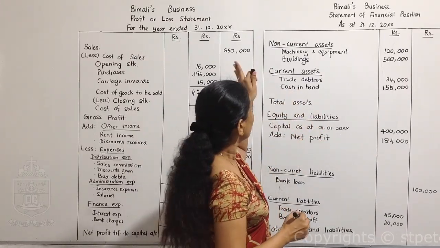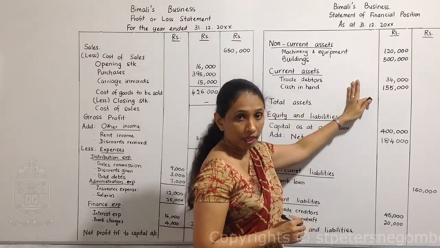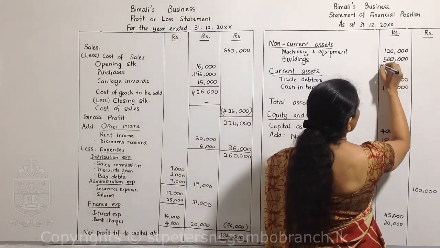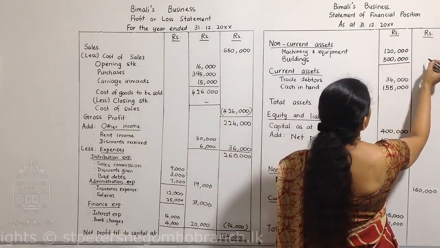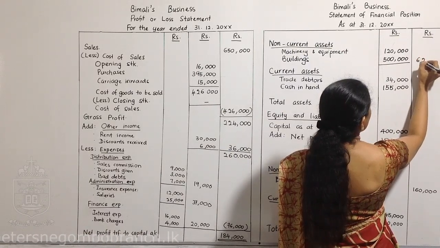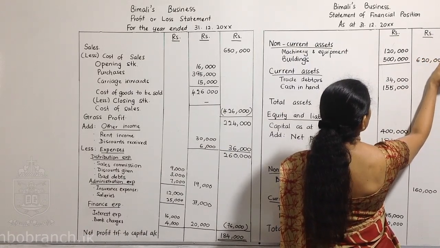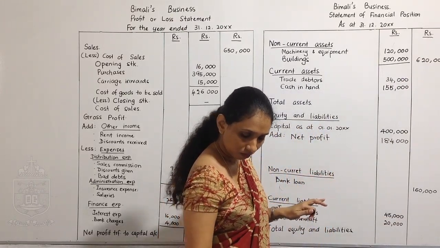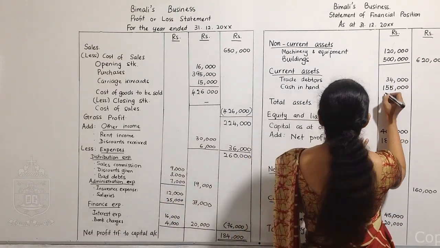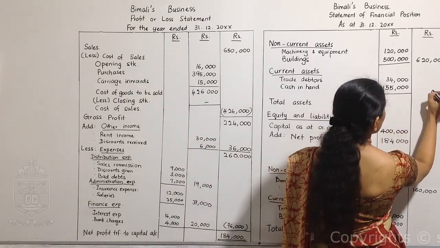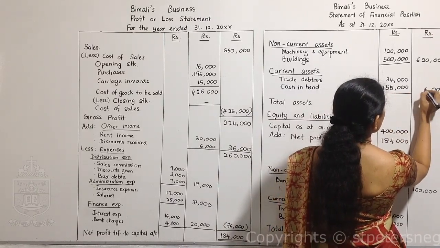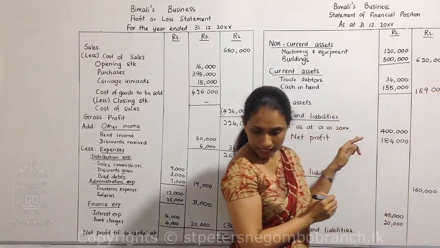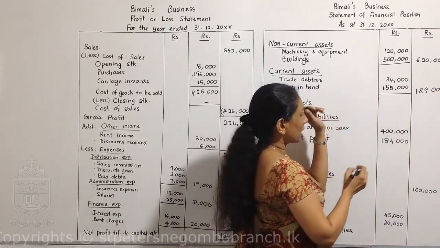So here, we have come to the statement of financial position and we have to do the additions here. We have 620,000 of non-current assets. $189,000 of current assets.